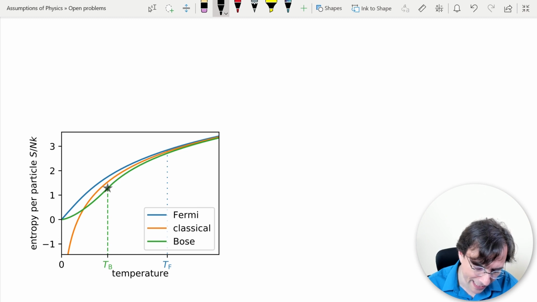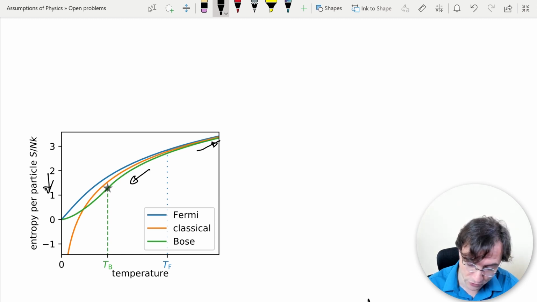And if you look at the entropy versus temperature, what you're going to see is that at high entropy, which means high temperature, the curves start being close to each other, it doesn't really matter. It's when you go to low temperature, which also means low entropy, that things start differentiating.